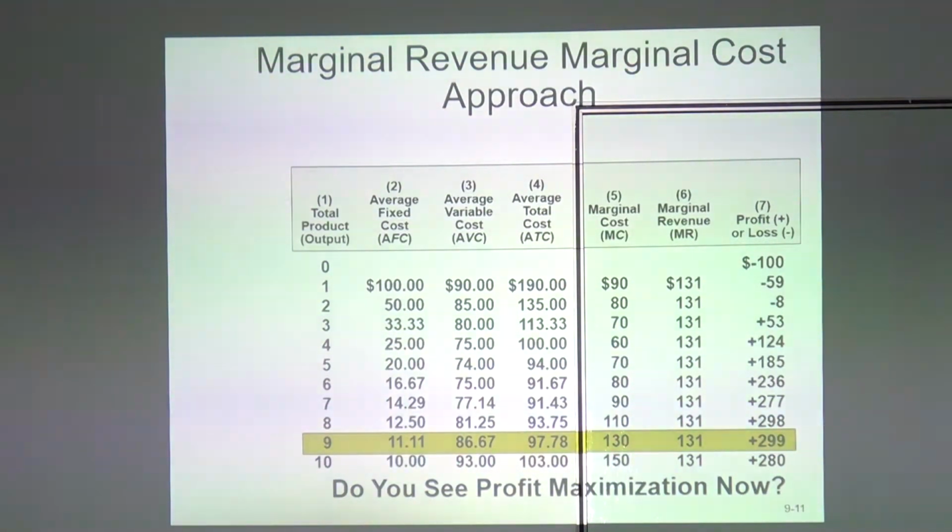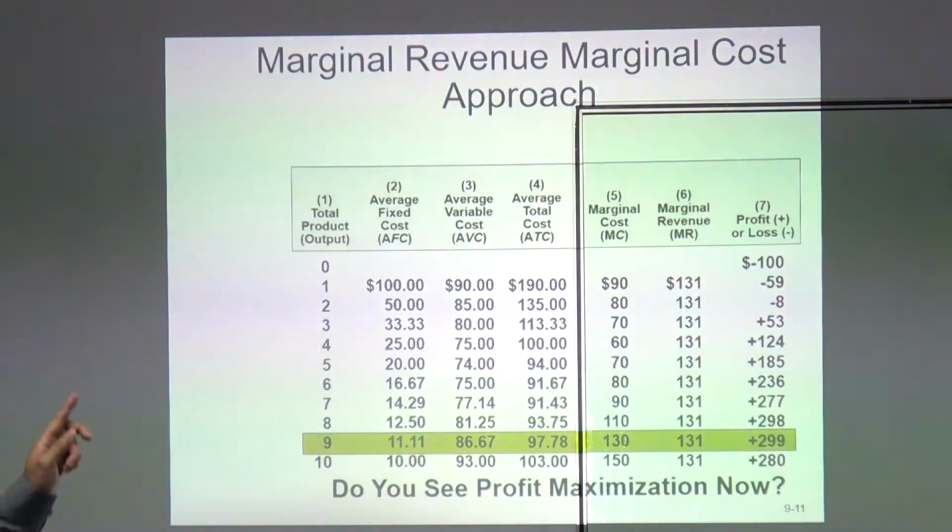So the marginal benefit here is 131. The amount of additional revenue that you are able to get by selling that one additional unit in the market. But the marginal cost is only 90. As long as the marginal benefit is greater than the marginal cost, you should proceed with that decision. So we produce the first unit of output and sell it in the market for 131 because the marginal cost is only 90.